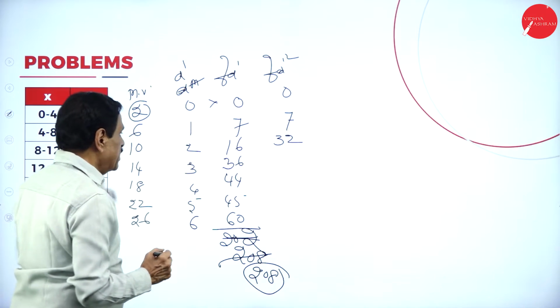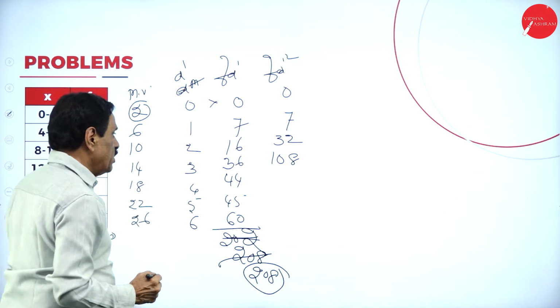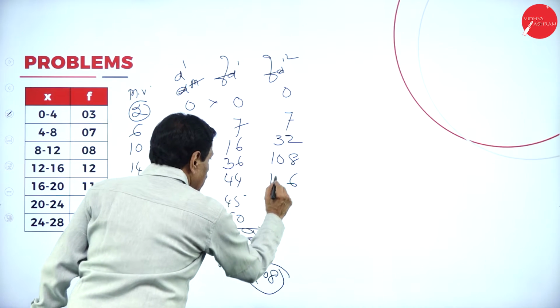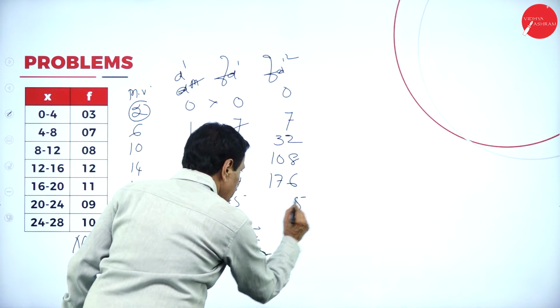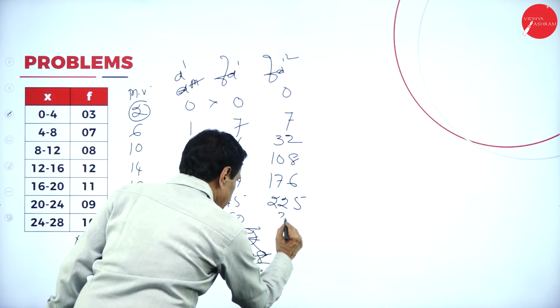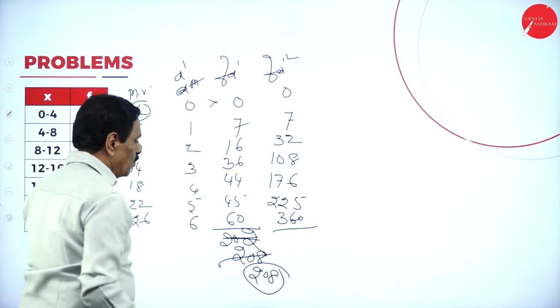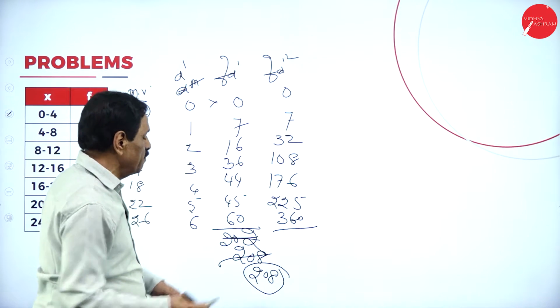Then 36 into 3, 108. 44 into 4, 176. 45 into 5, 225. 6 into 60, 360. Here your total is 208. Add the figures.